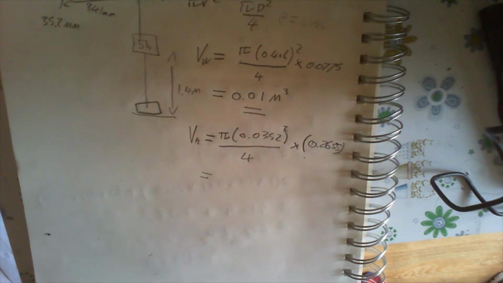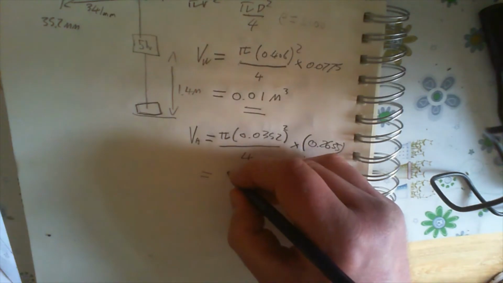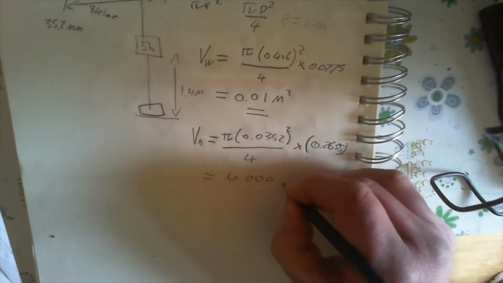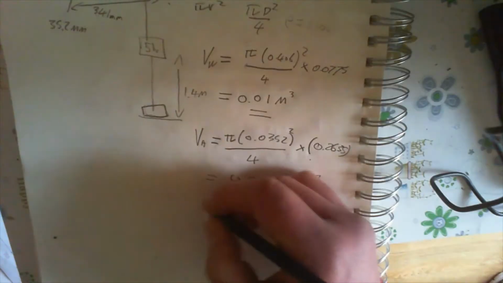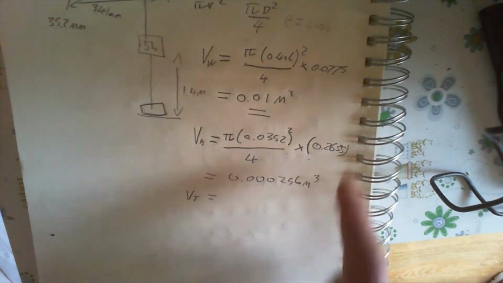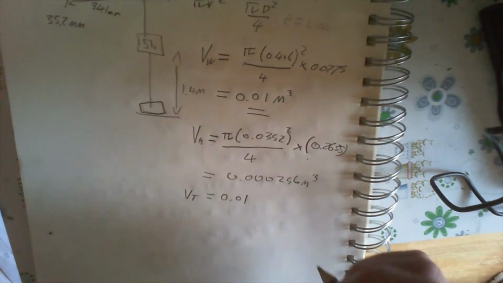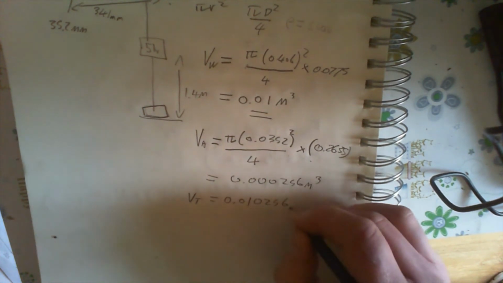That gives us a volume of 0.000256 meters cubed. So the total volume is both of them added together, 0.010256 meters cubed.